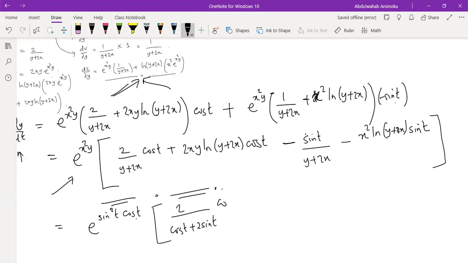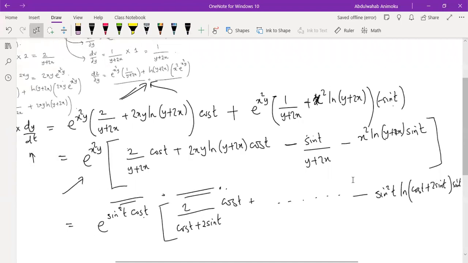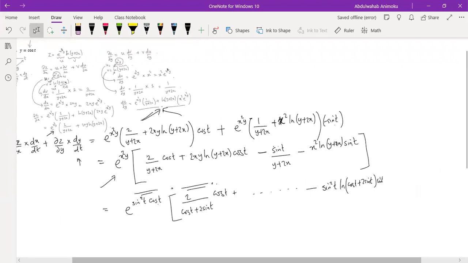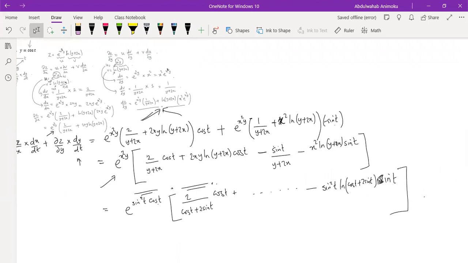And you continue to do this until you get to the last term, which is x squared, sine squared t, ln(cos t plus 2 sine t), then times sine t, right?